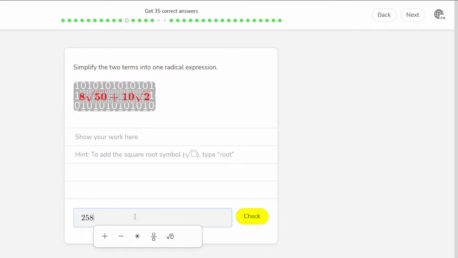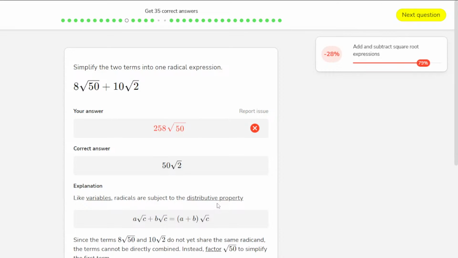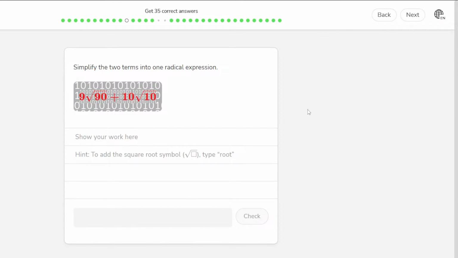Times the square root of 50. Yeah, no, I didn't think so. 50 to the square root of 2. Is it 90 to the square root of 10? And in that case, 9 to the square root of 1? No. Okay. Nine to the square root of 50 plus 3 to the square root of 2.